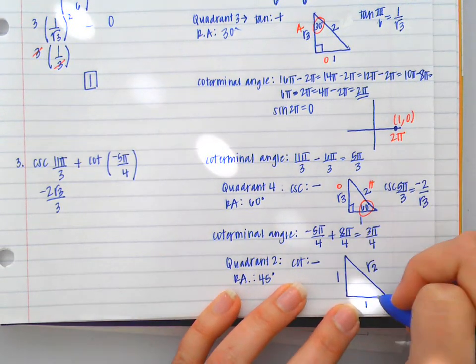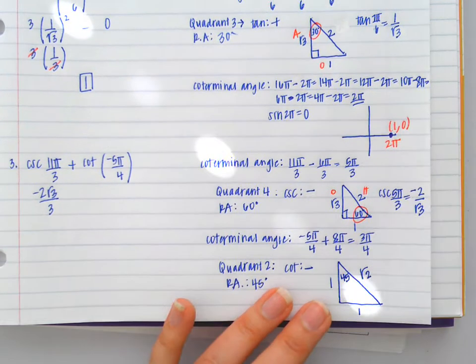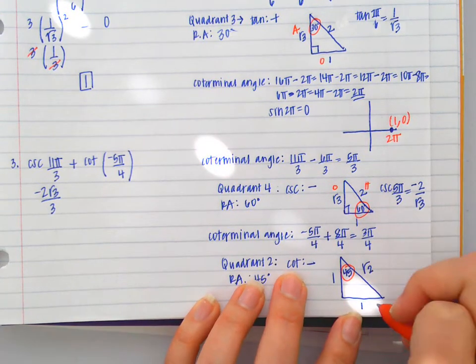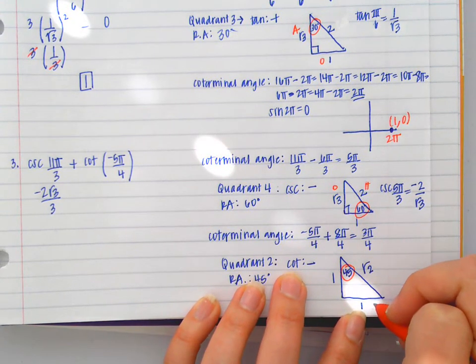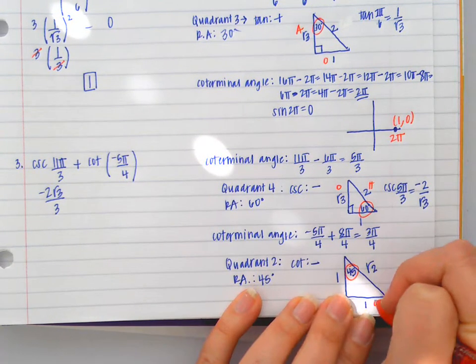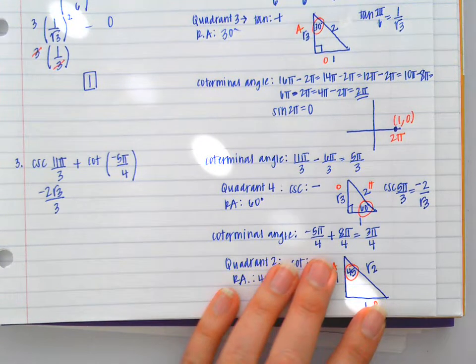Now, I always go from this 45. It doesn't matter. You can go from this 45. You'll get the same thing. So cotangent is the reciprocal of tangent. Tangent is opposite over adjacent. So cotangent is adjacent over opposite. So 1 over 1.